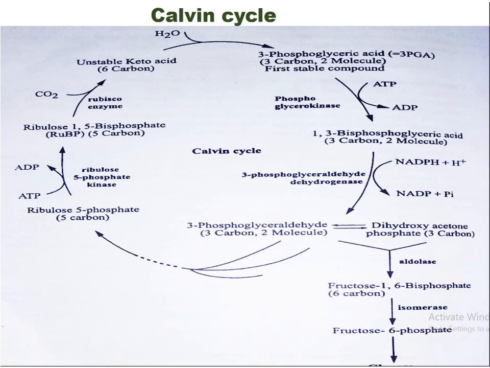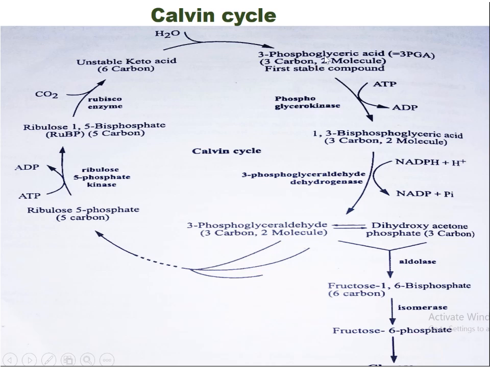They used a radioactive isotope, carbon 14, to discover this cycle, and that's why it is also known as the Calvin cycle or Calvin Benson Bassham cycle, or CBB cycle, according to the scientists' names. For this discovery, Melvin Calvin was also awarded the Nobel Prize in 1961.